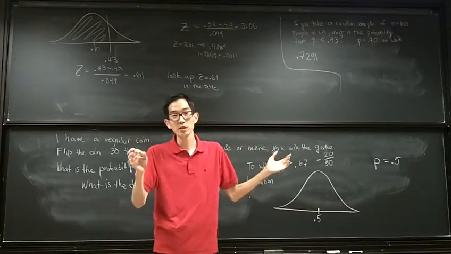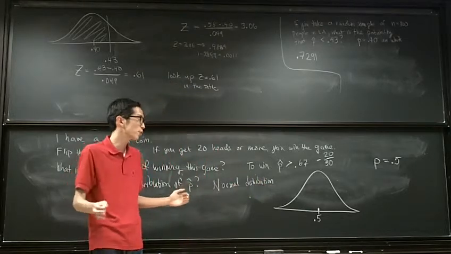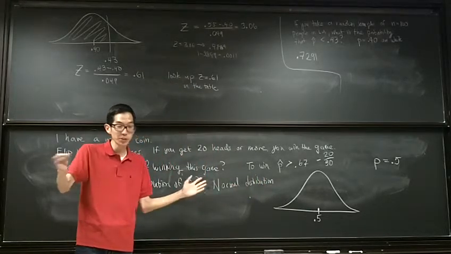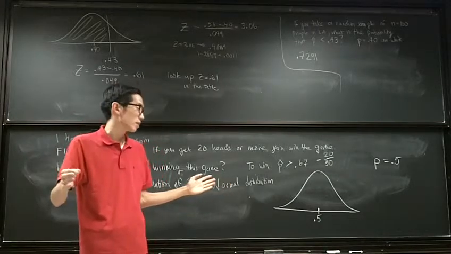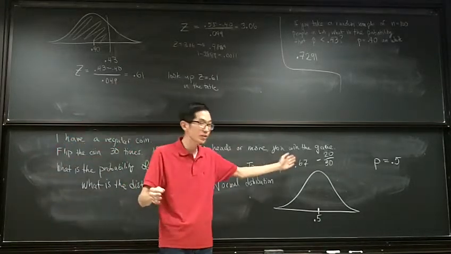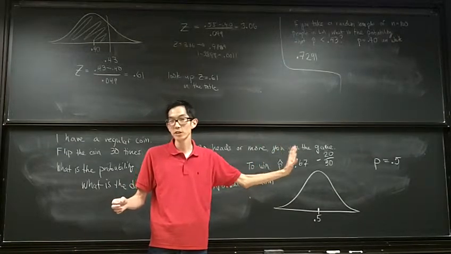Maybe it will land heads more than that. Maybe it'll land heads less than that. In order for me to win, the proportion that it lands heads has to be what? 0.67. It's got to be 67% heads or more, meaning I got 20 out of 30 heads.